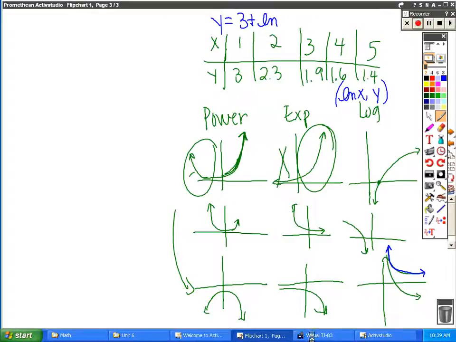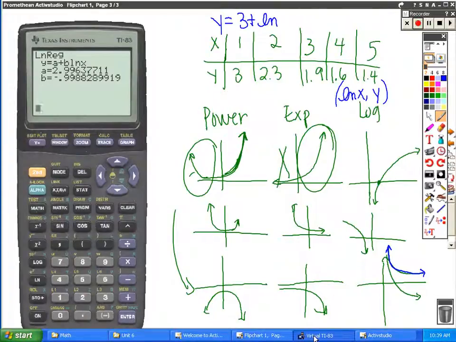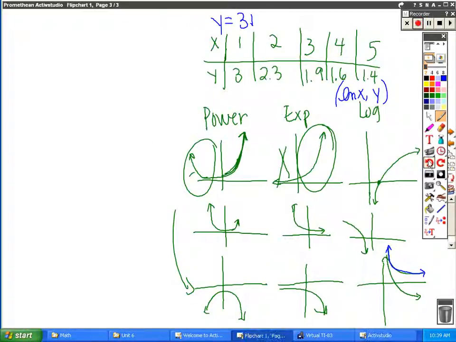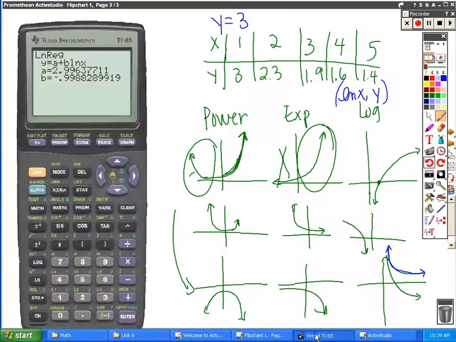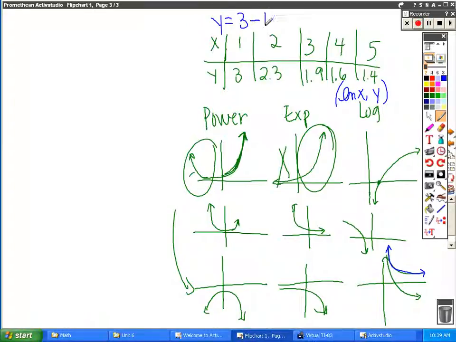Oh, I'm sorry, let's go back. So my b value is going to be right there. I'm going to just make that 1. So it would really be a -1 in place of the b. So -1 ln x. And there's your equation.